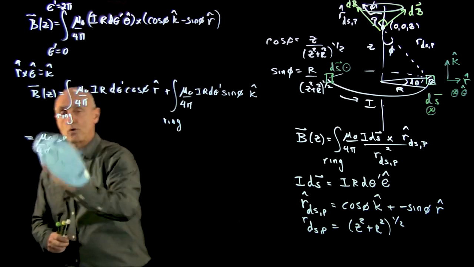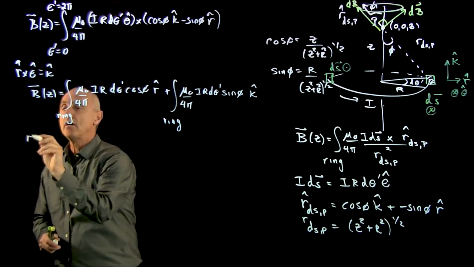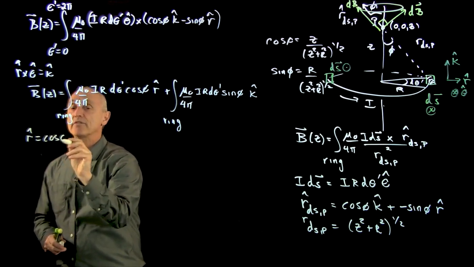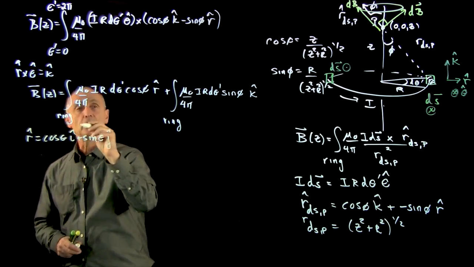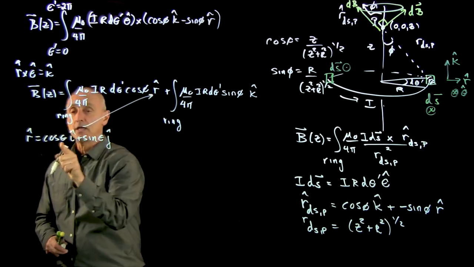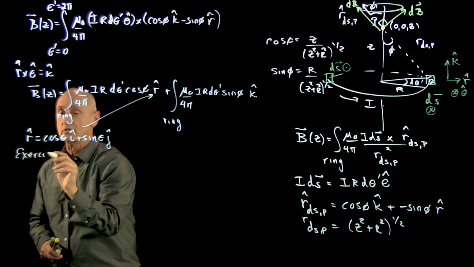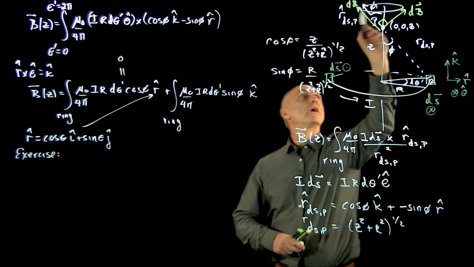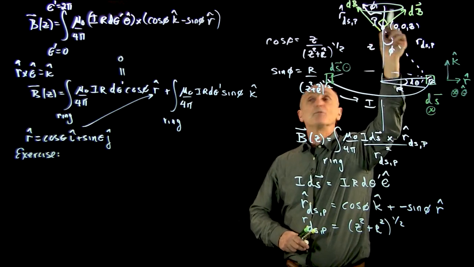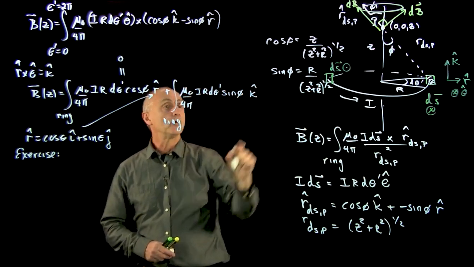So in order to see that explicitly, we would write r hat as cosine of theta i hat plus sine of theta j hat, and you can substitute that in there, do each of these integrals separately, and we'll leave that as an exercise for you to show that this integral goes to 0, even though we argued from symmetry that it will vanish. So this is the only piece that we have to worry about.